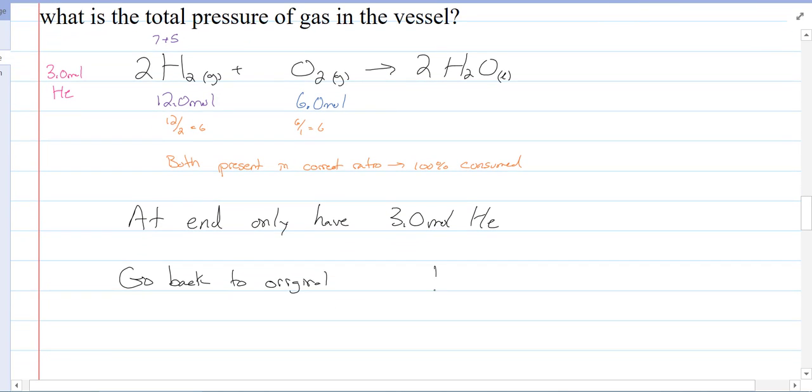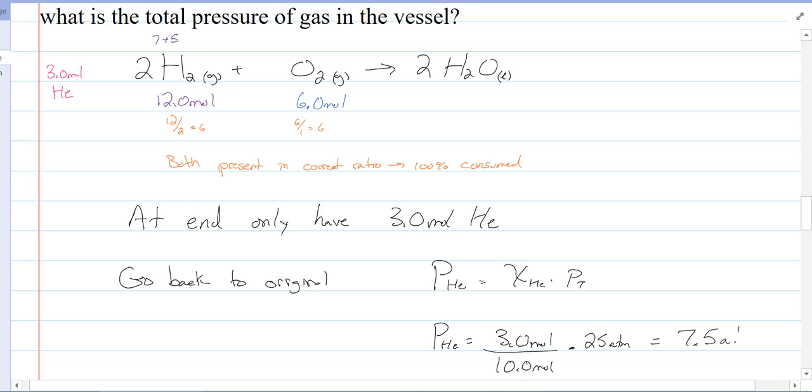The pressure of helium is the mole fraction of helium times the total pressure. So the pressure of helium will be the mole fraction of helium, 3.0 moles over 10 moles, times the 25 atmospheres, which is 7.5 atmospheres. Because helium doesn't change through all these 5 questions. So I like those 5 questions.